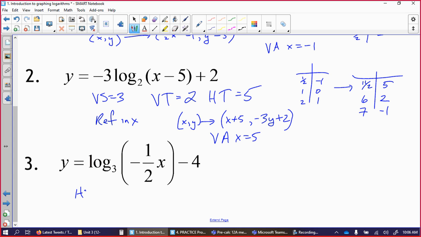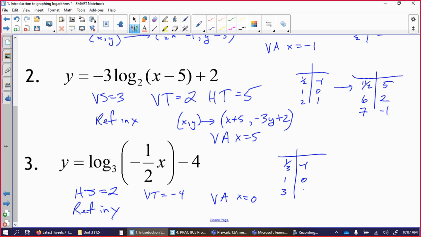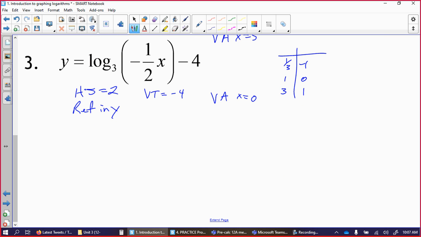This one has a horizontal stretch of 2. Reflection in the y-axis. And a vertical translation of negative 4. So we're going to have a vertical asymptote at x equals 0. The base function, a third, 1, and 3. Oh, mapping rule.